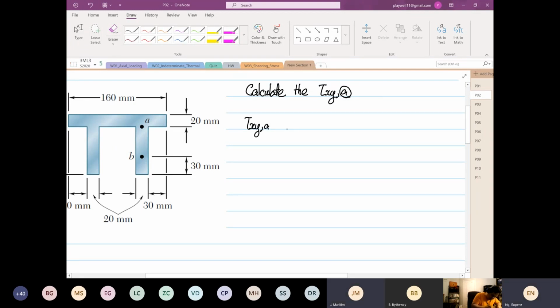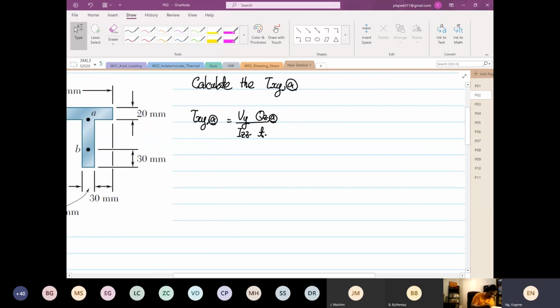is equal to Vy over Izz, Qz at point A, or Qz for A. And then we have our thickness. Okay. So from here we realize that there are two thicknesses you can use.